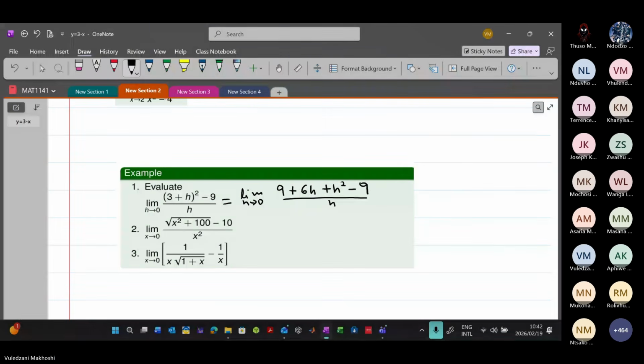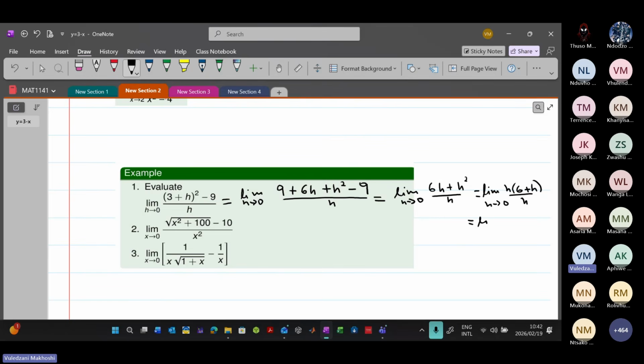As h is approaching 0, 9 minus 9 is 0, so we've got 6h plus h squared over h. h is common, so we have the limit of h times 6 plus h over h, as h is approaching 0.